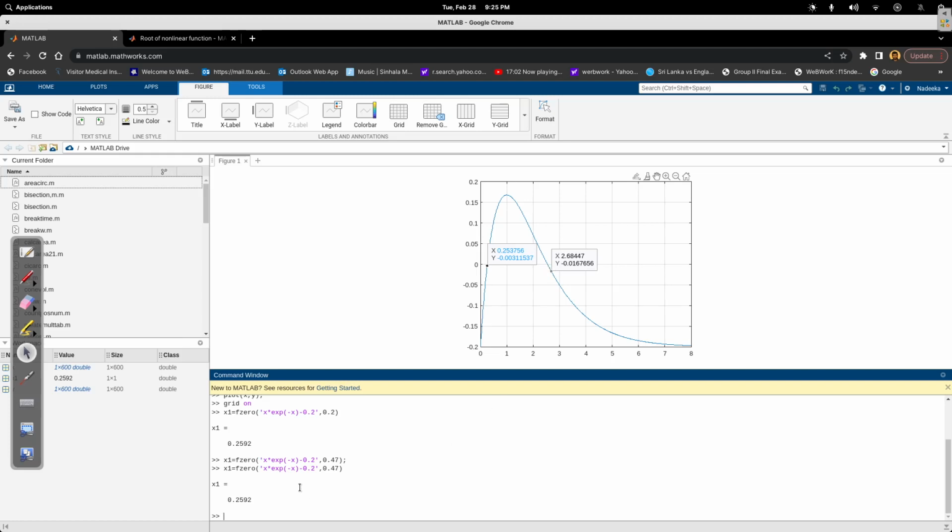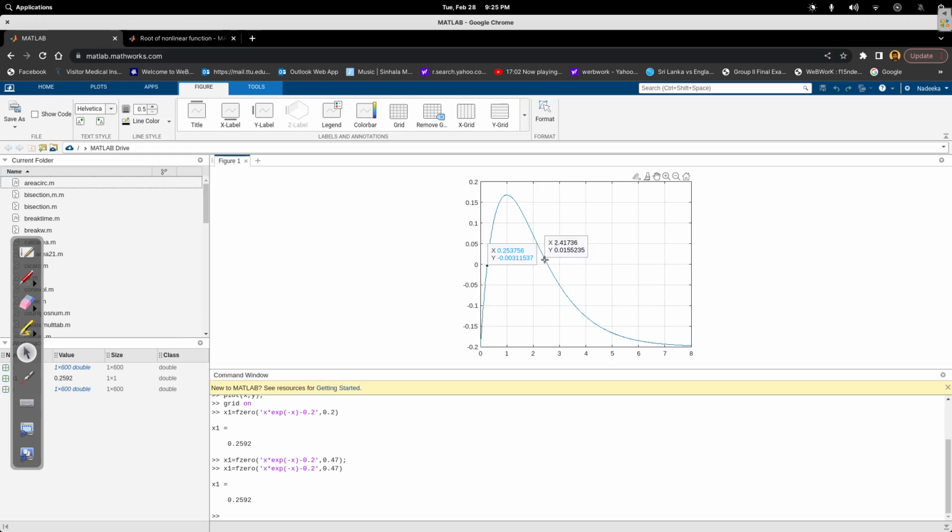If I use 0.47, it's still closer to the previous root, so it gives the previous root. So I will use a value close to this root. I can use either side, it doesn't matter.